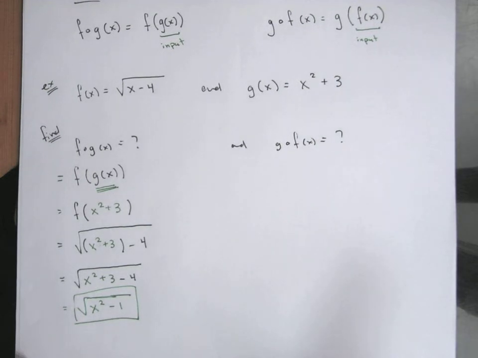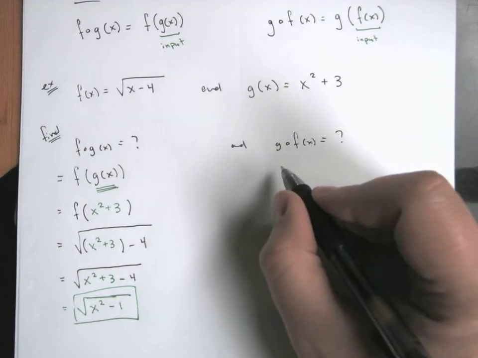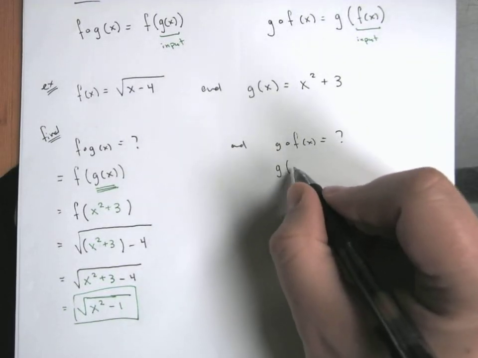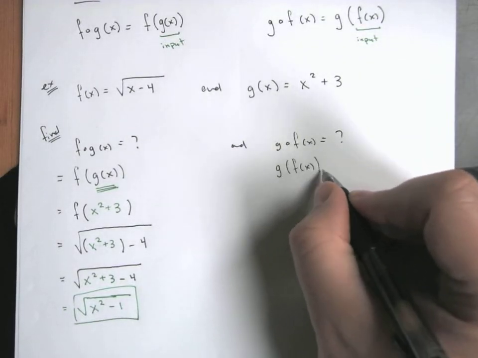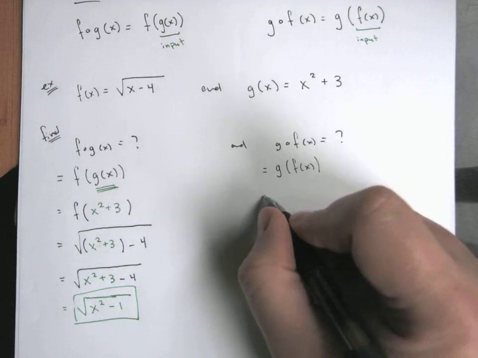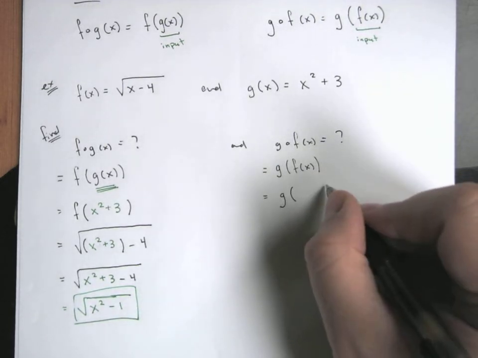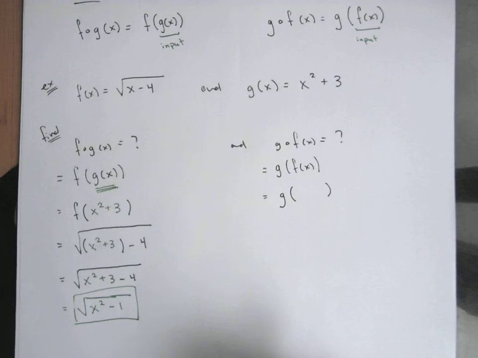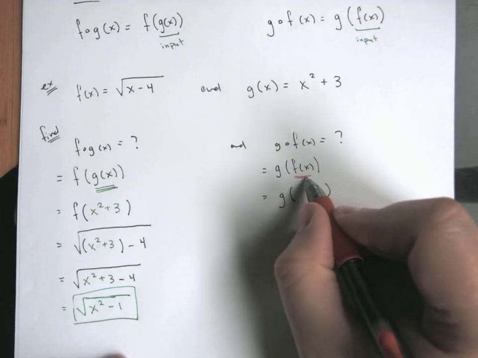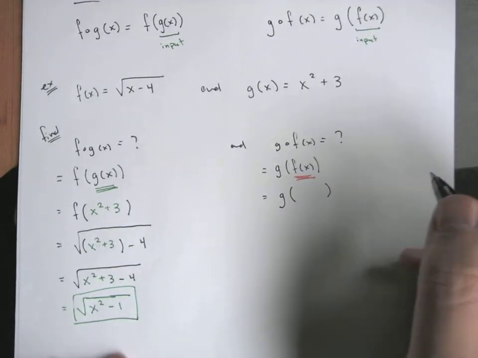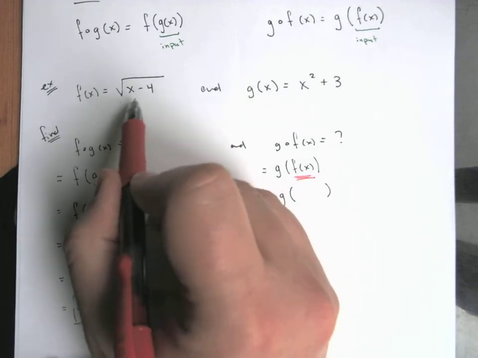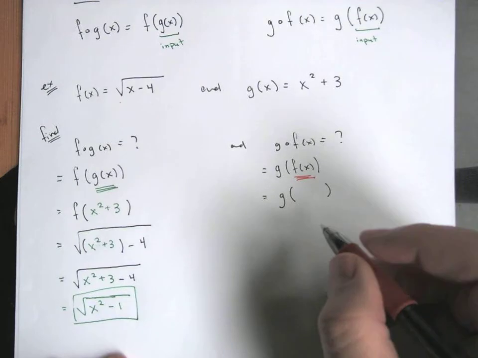Nevertheless, if we do the other version of this, if we flip our roles around, this is g of f of x. So this is now g as my form, and what I'm putting into the g function is whatever my f of x formula is. In this case, that's the root of x minus 4.